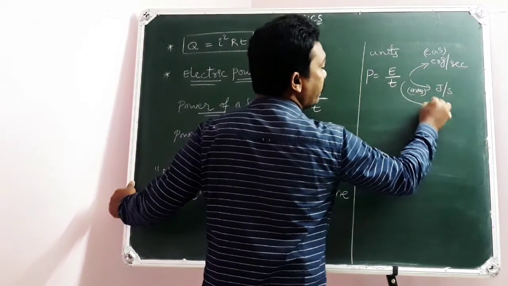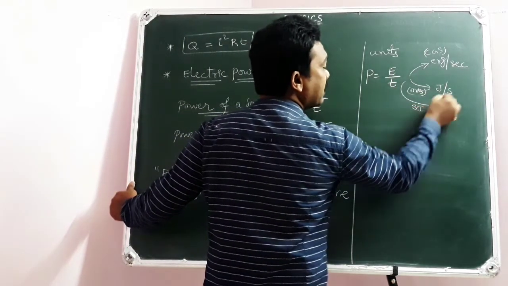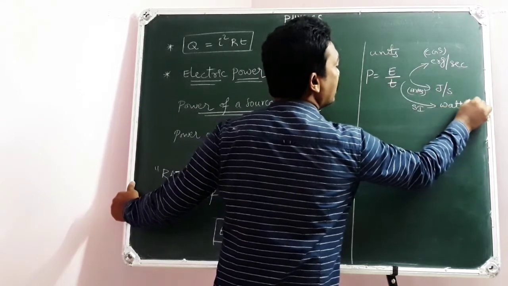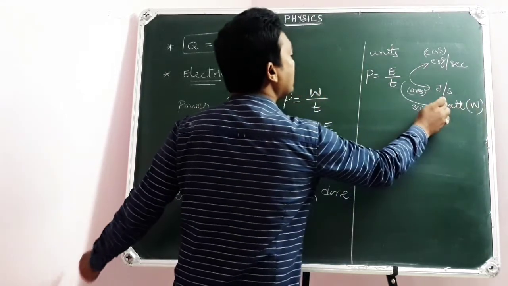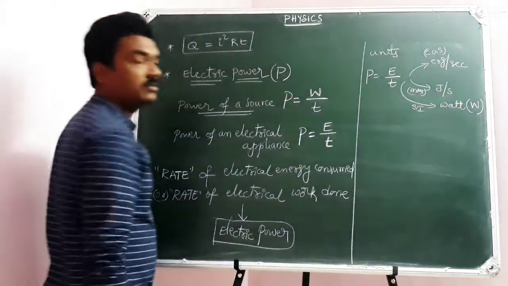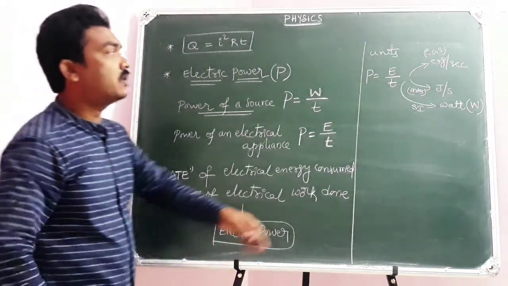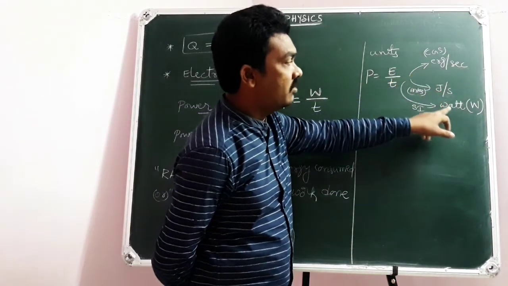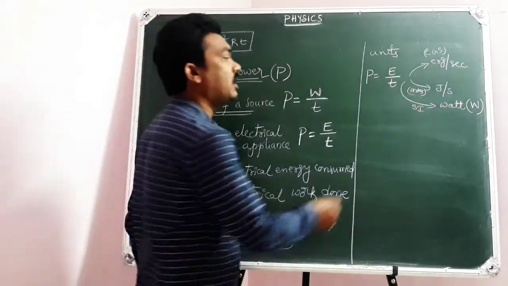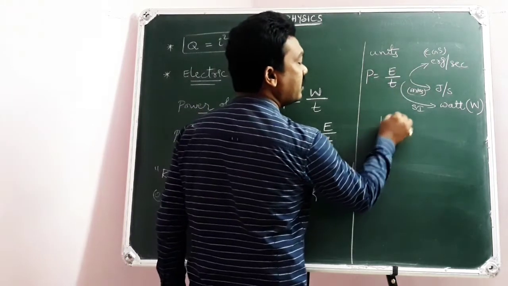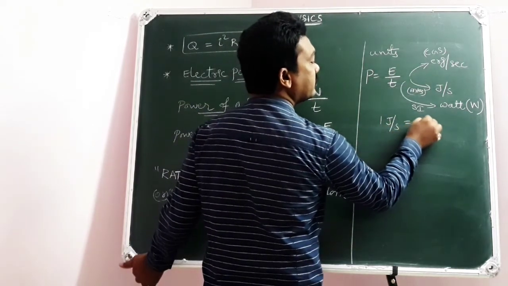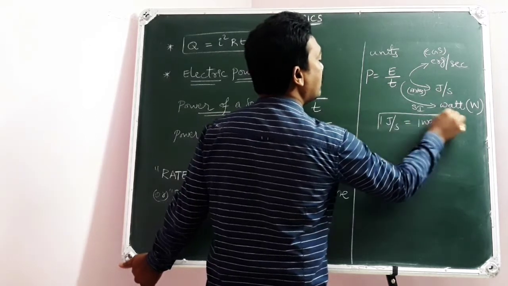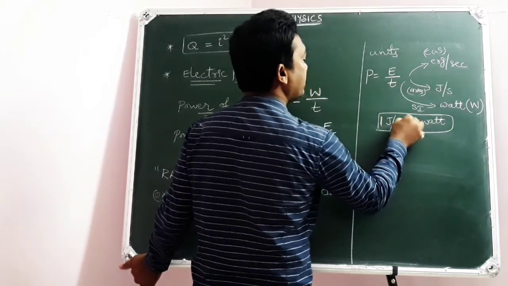And in the SI system of units, joule per second is defined as watt, W-A-T-T, short form capital W, full form small letters. So the units of electric power are erg per second, joule per second, watt. Joule per second is nothing but watt.